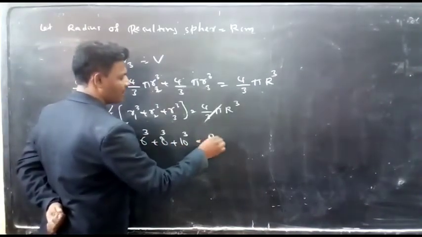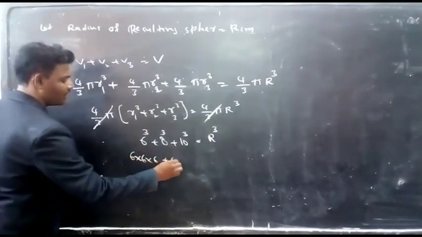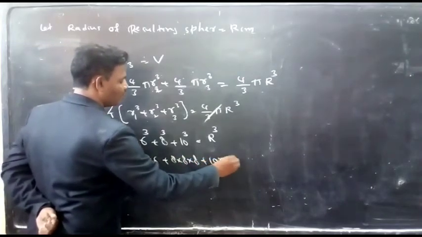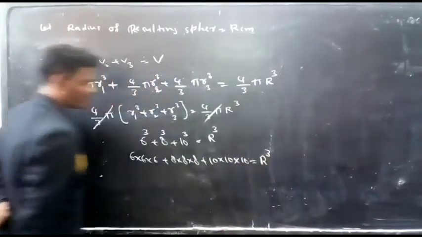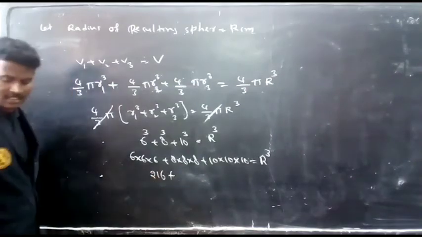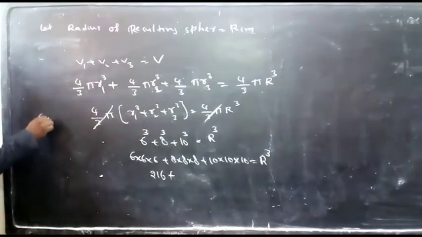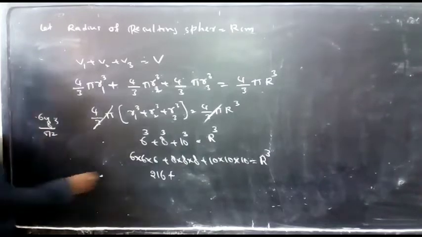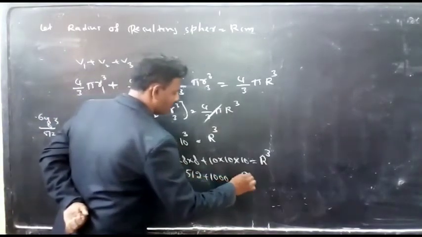So 6 cube, which is 6 into 6 into 6, plus 8 into 8 into 8, plus 10 into 10 into 10 is equal to capital R cube. 6 cube we can write as 216. 8 cube: 8 8s are 64, 8 64s are 512. So 216 plus 512 plus 1000 is equal to R cube.